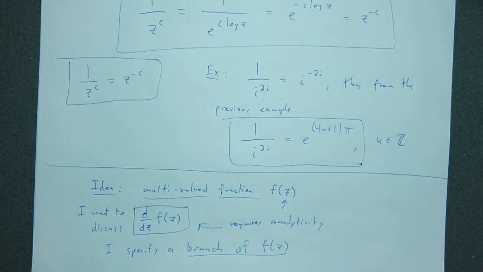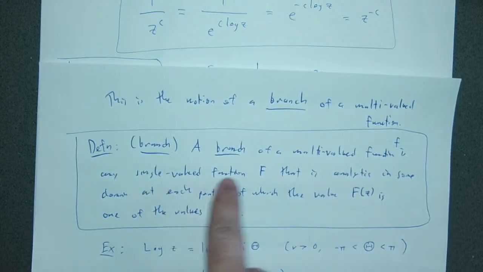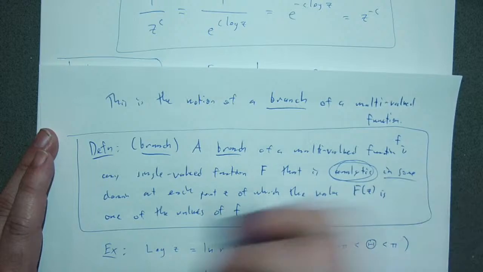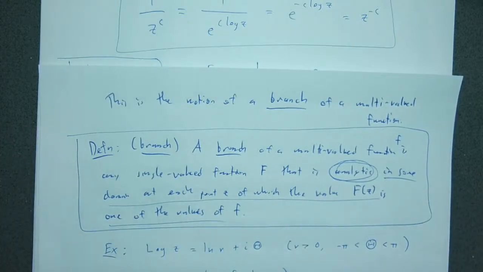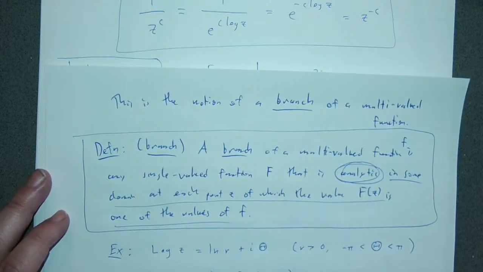Just to bring back this definition one more time, a branch of a multi-valued function is any single-valued function that is analytic in some domain at each point of z, and it matches with the values of little f that I started with in that domain. So this is not just some random analytic function. It is an analytic function that takes on the values of little f in that domain.